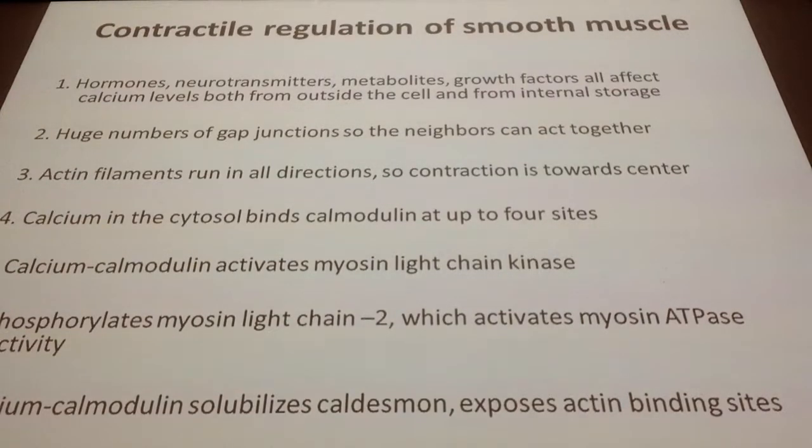First of all, how are smooth muscles activated to contract? By hormones, growth factors, neurotransmitters, a number of different signals. So to regulate smooth muscle contraction, the smooth muscle cells have receptors that have to be activated to activate signal transduction pathways. So no action potential is involved, right?